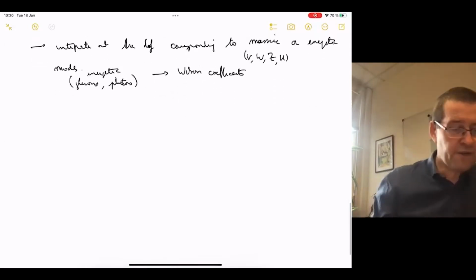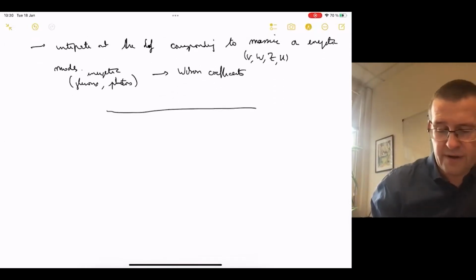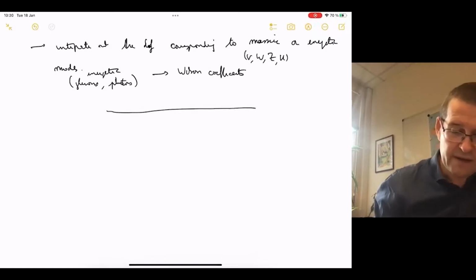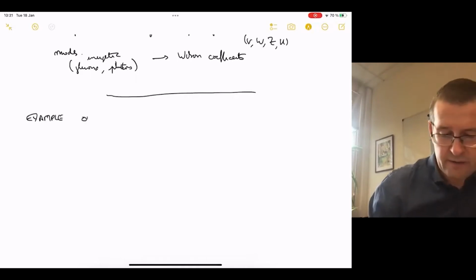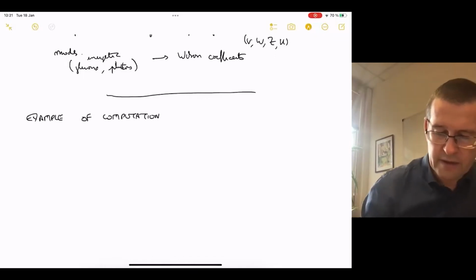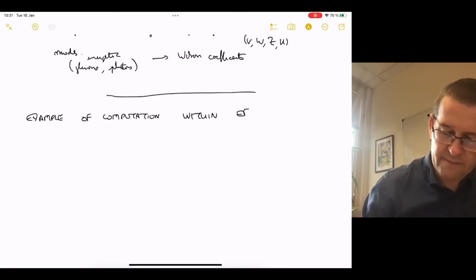Okay, so just to go on a bit more in detail concerning a very simple example of computation within this effective Hamiltonian approach.